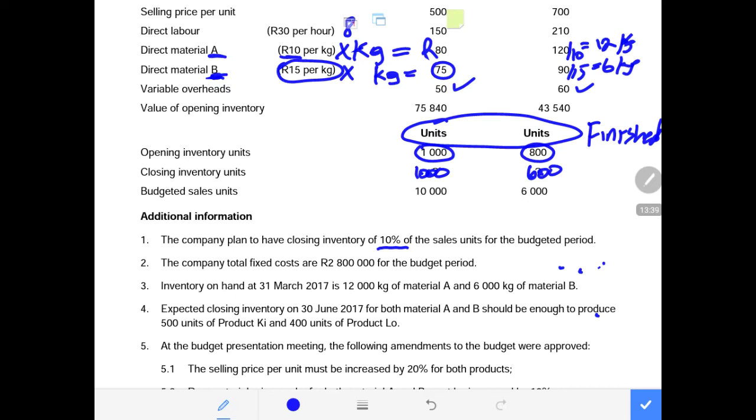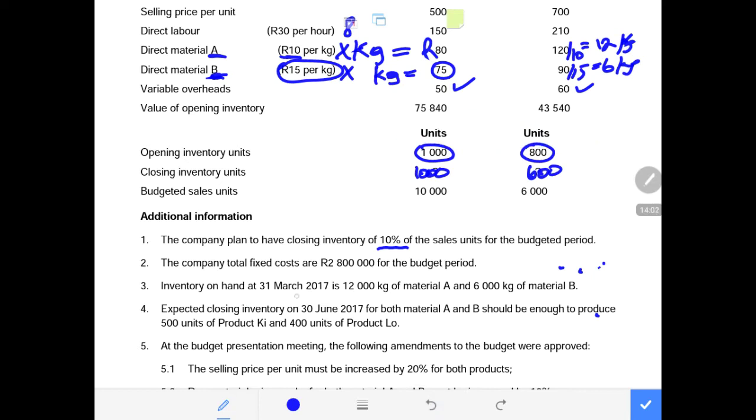Now we need also to know the inventory of raw material, because when we do our material purchase budget, we need to take into account only the material, not the completed units, but sometimes those two can assist each other. And I'll tell you what I mean when I say assist each other, more especially in this question.